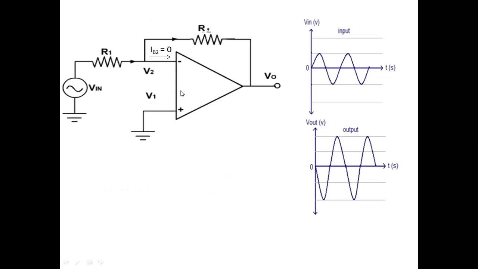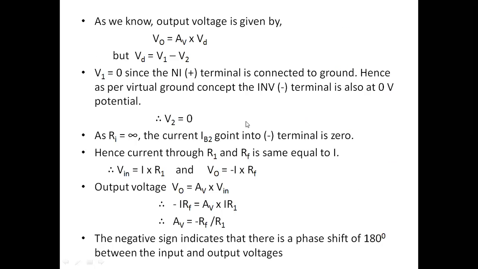But here, current is incoming at this node and outgoing at this node. So we can take the voltage VO equal to minus I into RF, since it is connected to the inverting terminal.